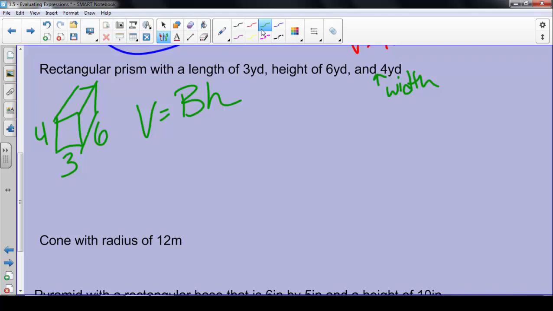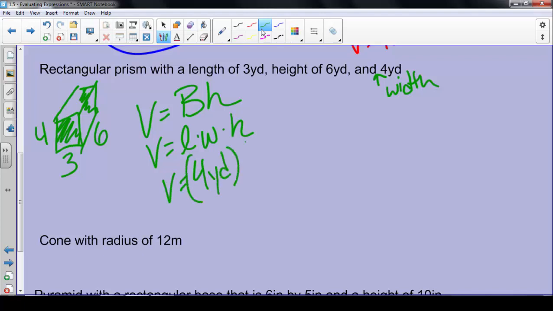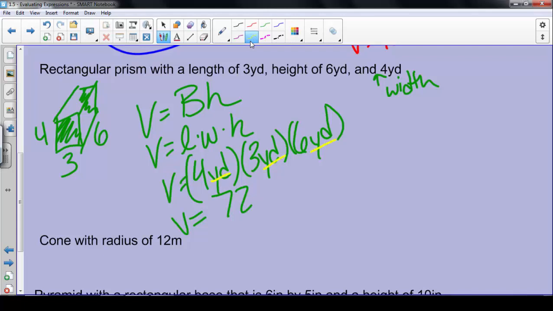But I'm going to go ahead and say that this end down here is your base, which would have a second base up here. Remember, since it's a rectangle, it's length times width. Four times 3 is 12. 12 times 6 is 72. Yard times yard times yard would give us yard cubed.